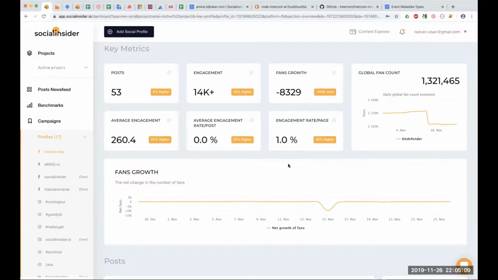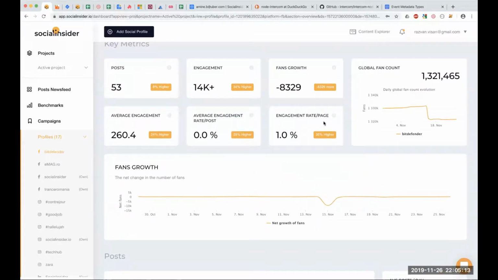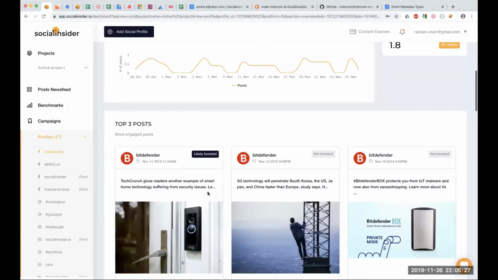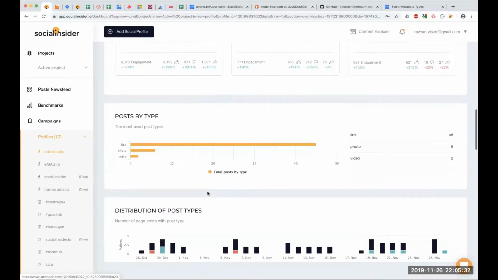Again, these two KPIs are affected because they will only work for periods where we have the fan counts. Also fan growth, that's the daily diff, the net change in the number of fans daily. And that's about it, because the other charts are post related.